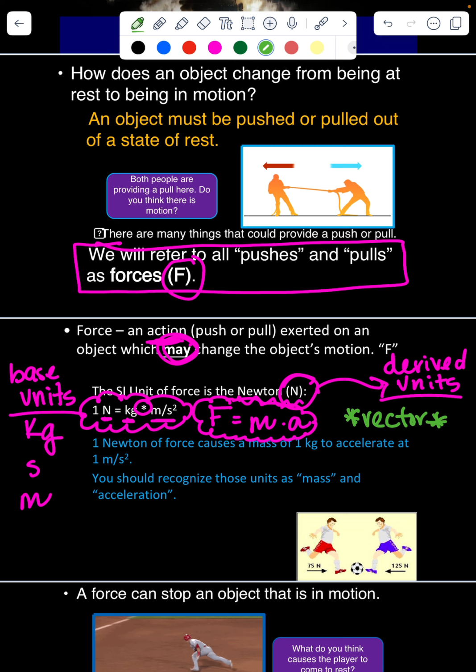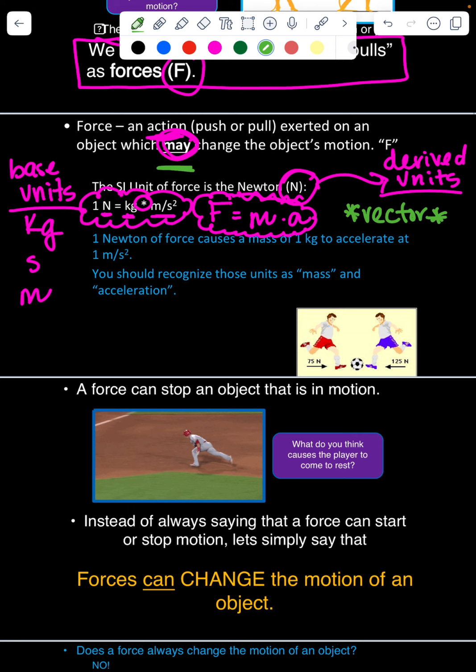All right, so going back to this, forces can change an object's motion. All right, if you were to look at this in the PowerPoint form, you would see this guy sliding into third base. All right, now as he is sliding, he is not going to keep sliding forever and ever, amen.